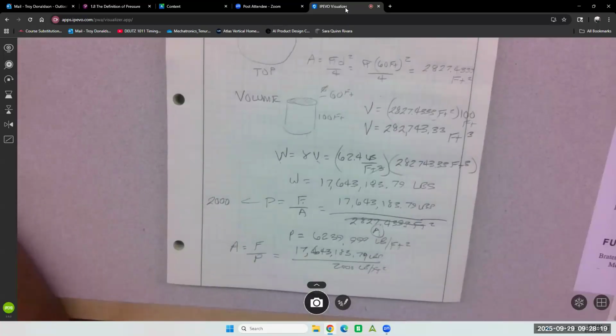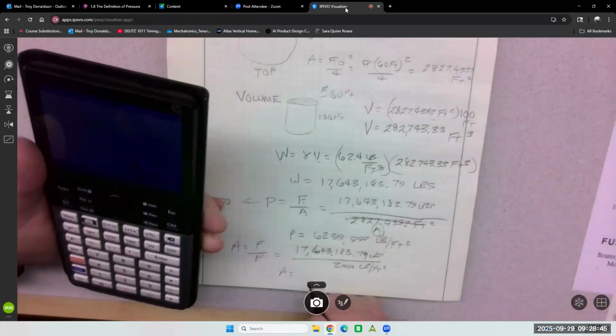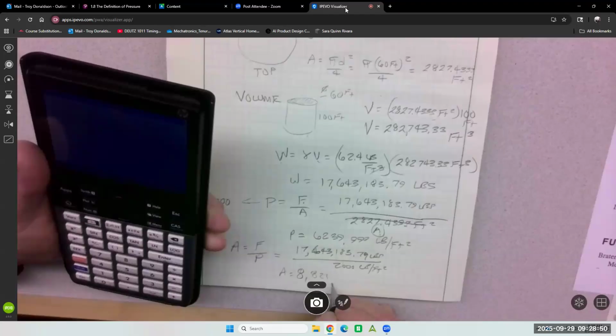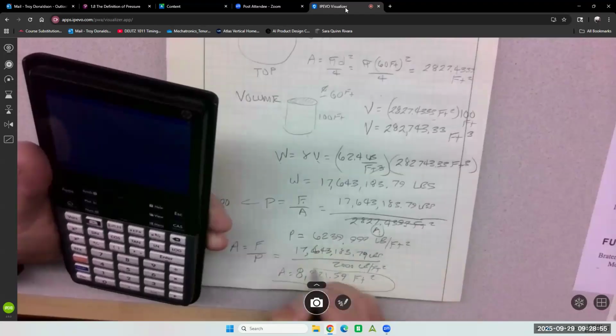And we can calculate an area that'll work, because we determined the area that they wanted to use absolutely would not work. How much area do we need? 8,821.59 feet squared. That's how much we need.